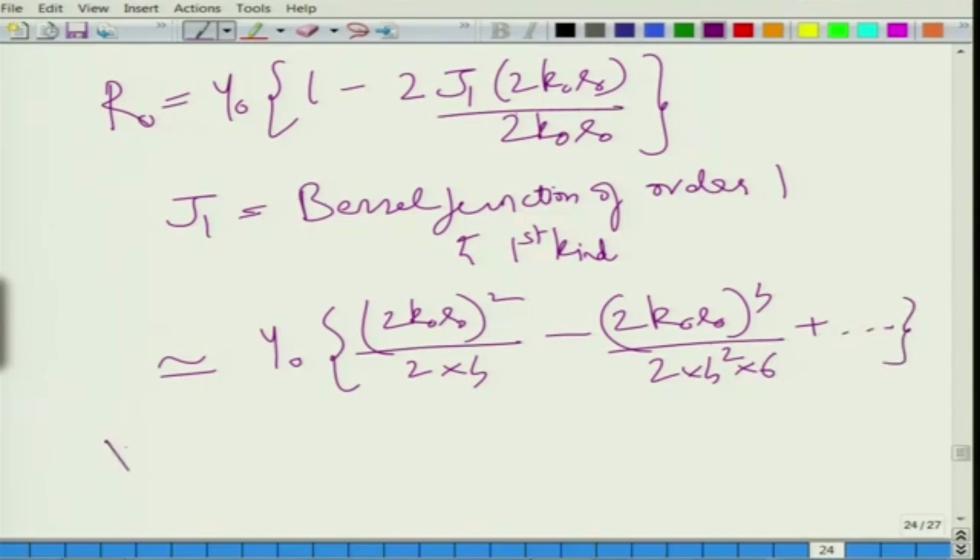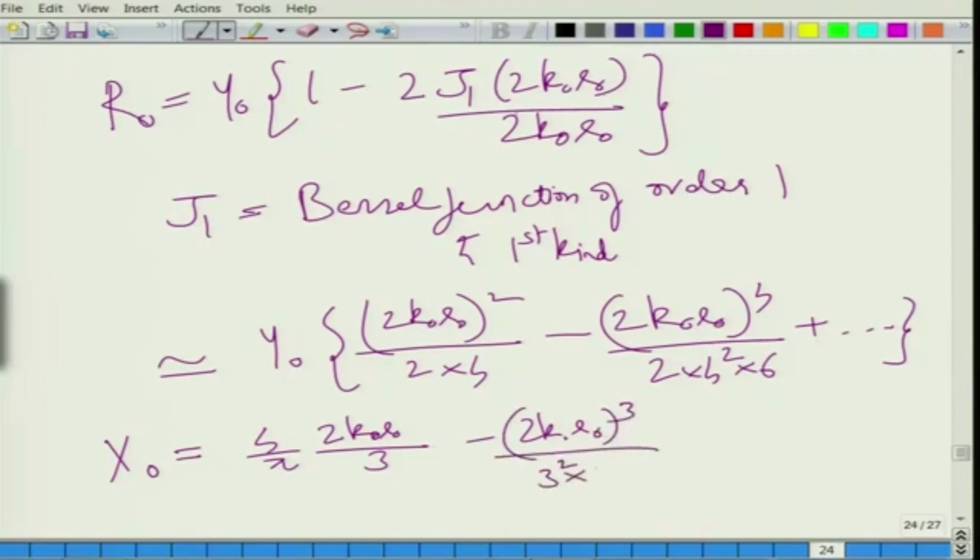Similarly, X naught can be given as 4 by pi times 2 K naught R naught times [3 minus (2 K naught R naught) cube by 3 square into 5, plus (2 K naught R naught) to the power 5 by 3 square into 5 square into 7, and so on].